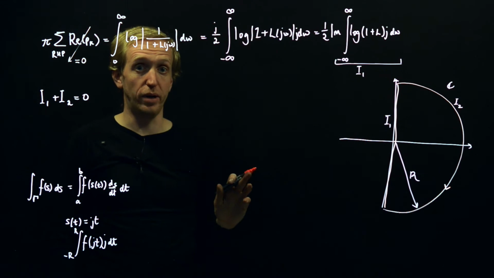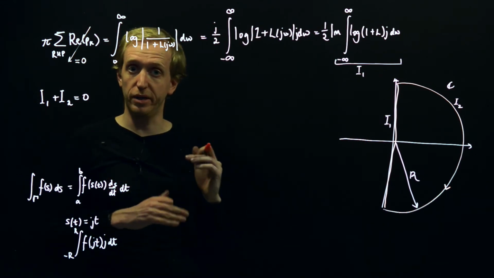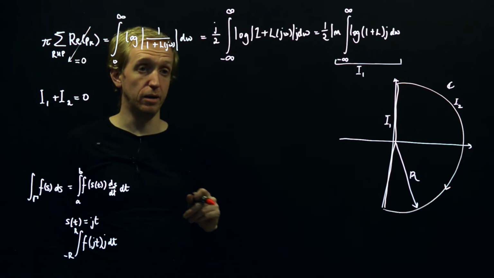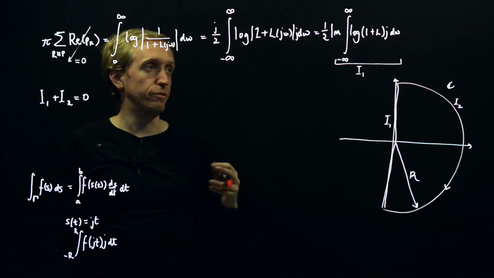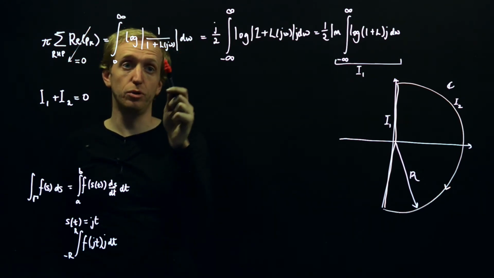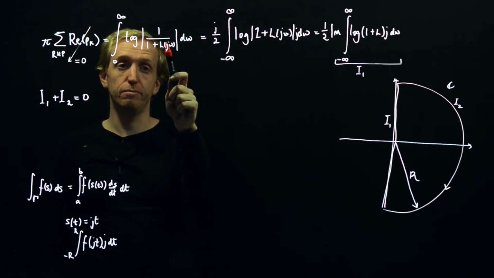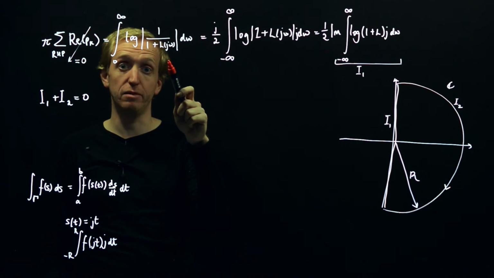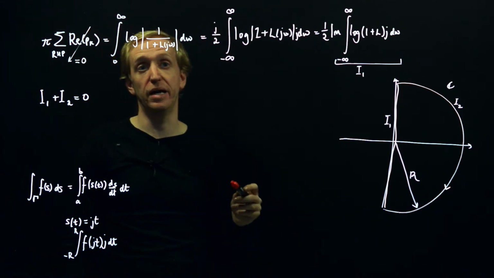And this is where our assumption about the relative degrees in the numerator and the denominator come in. So you remember when we introduced the Bode sensitivity integral, we said in order for this to be true, the numerator powers of L had to be 2 less than the denominator powers of L.